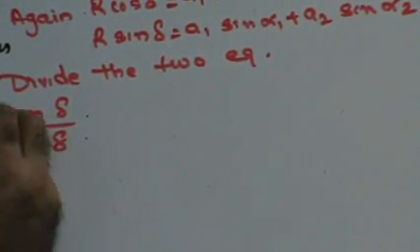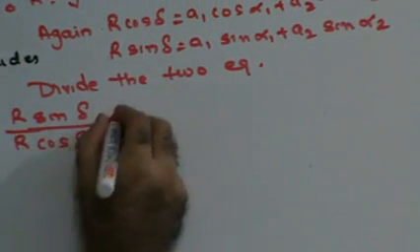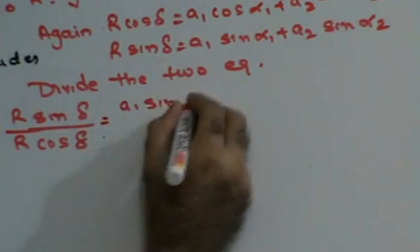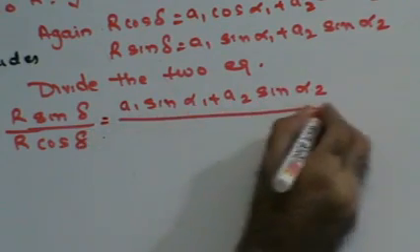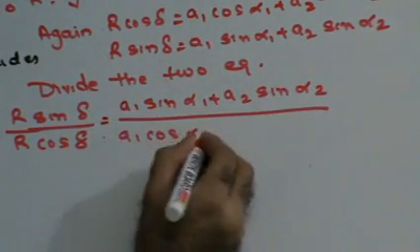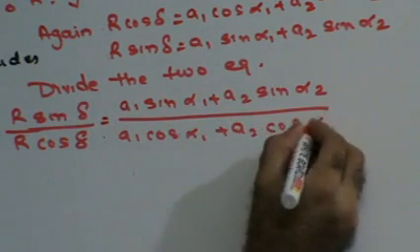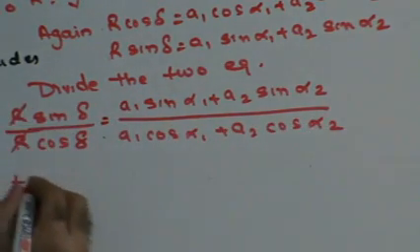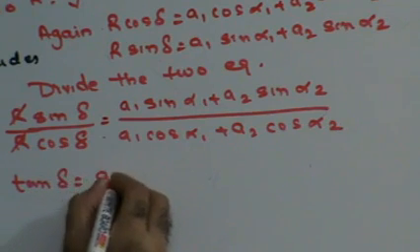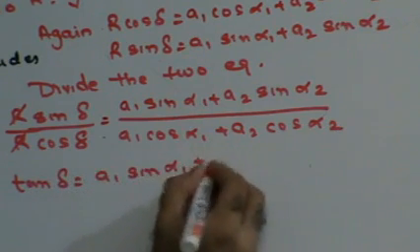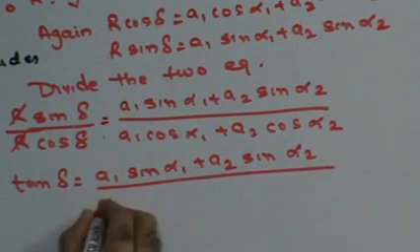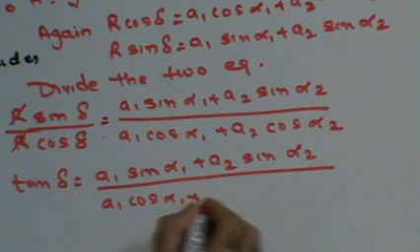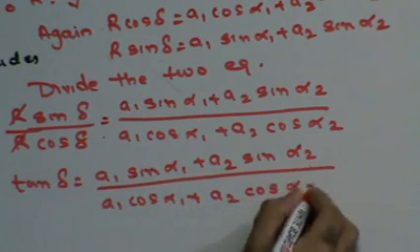R and R will get cancelled. Or if you want, I'll show it to you. R sin delta upon R cos delta is going to be A1 sin alpha 1 plus A2 sin alpha 2 upon A1 cos alpha 1 plus A2 cos alpha 2. R and R get cancelled, so you get tan delta is A1 sin alpha 1 plus A2 sin alpha 2 upon A1 cos alpha 1 plus A2 cos alpha 2.